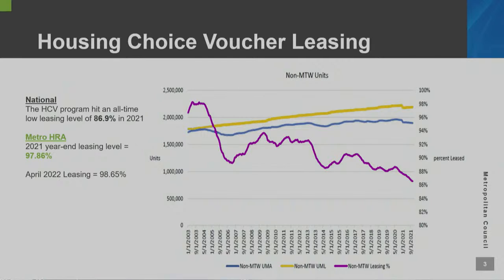But I'm happy to report that we ended the year 2021 at 97.86%. And from a HUD report card standard, we didn't do our HUD report cards for the last couple of years. It was waived for COVID, but that would round up to 98%, which is still a sort of high performer status from HUD's standpoint. And although we like to see that around 99%, even 99.5, we were near 98%.